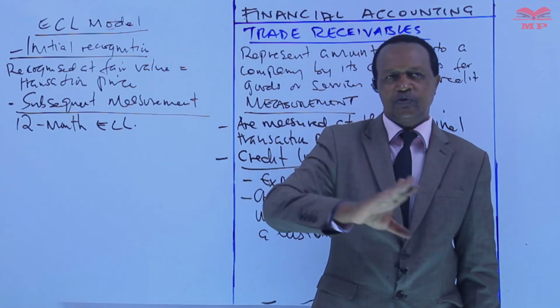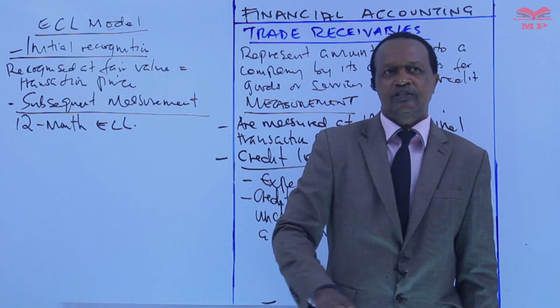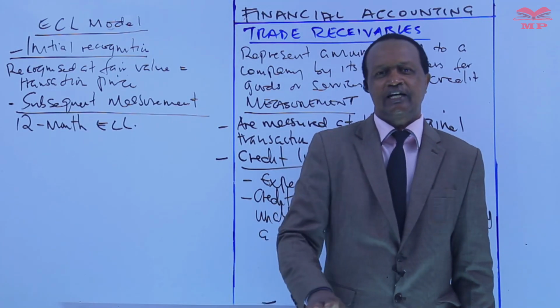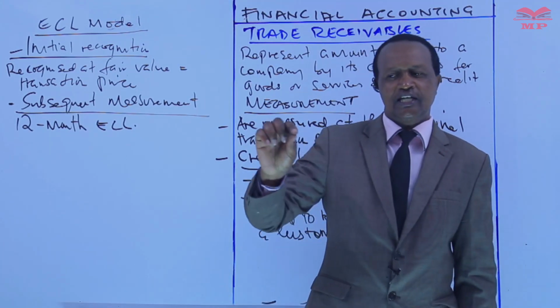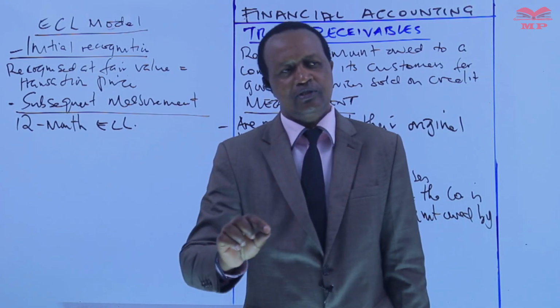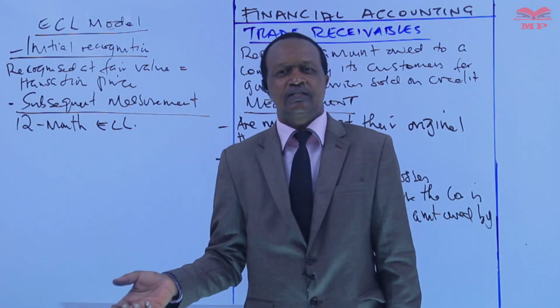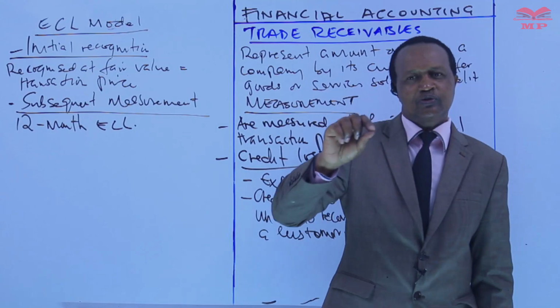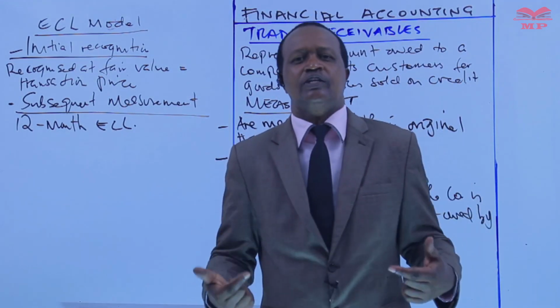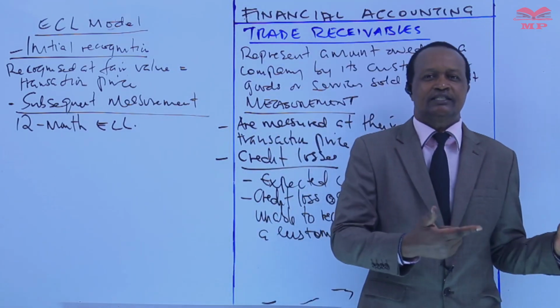If after reviewing the trade receivable at the end of every month, the company determines that debtors A, B, C will not pay due to various reasons, then that amount of money that may not be recovered from the debtor is what we refer to as a bad debt.